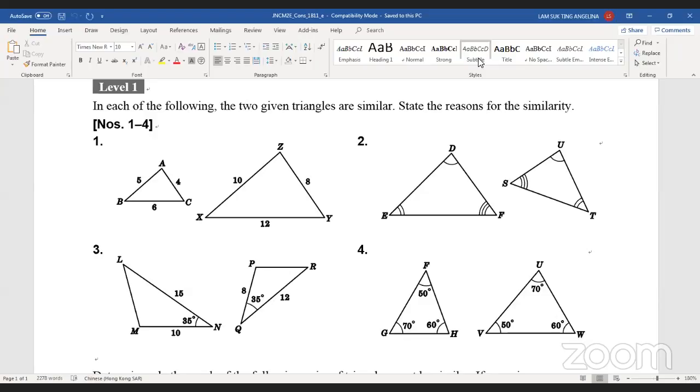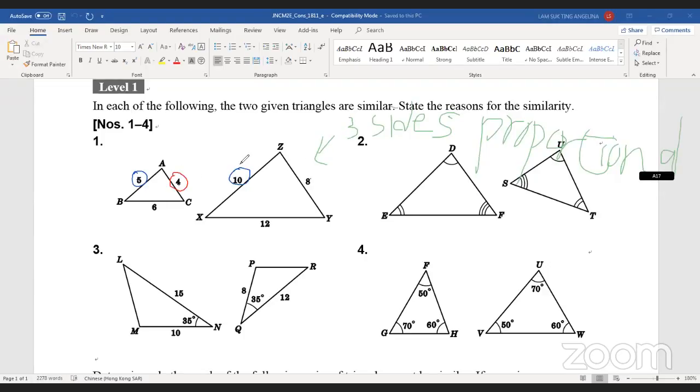For example, you have to observe the numbers, and then you can find that these two correspond to each other. These two correspond to each other. And then the remaining 2, times 2.